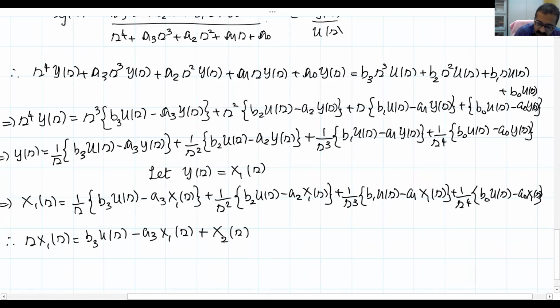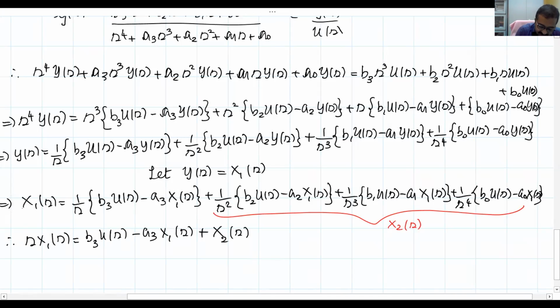So what is x2 of s? x2 of s is 1 by s into, why 1 by s? Because we are multiplying this x1 of s expression throughout with s.